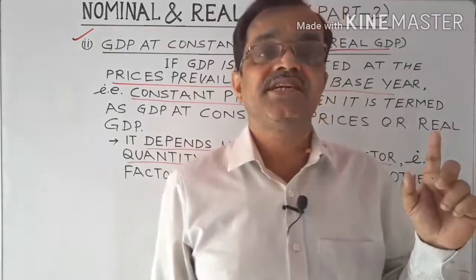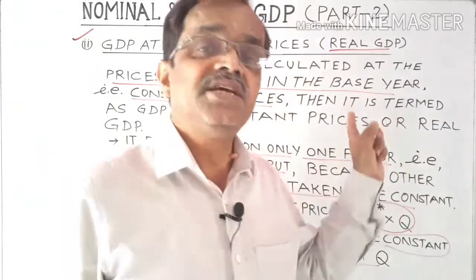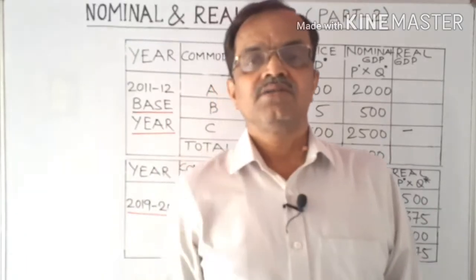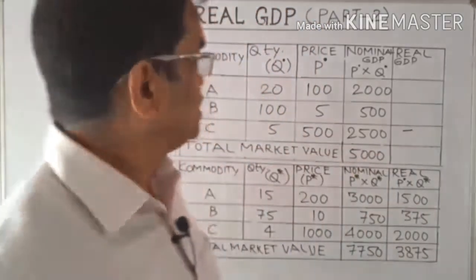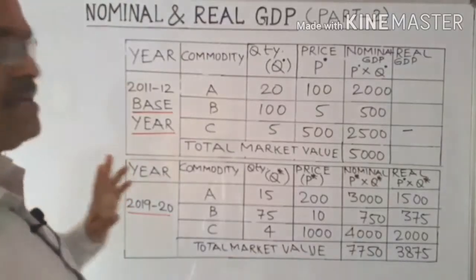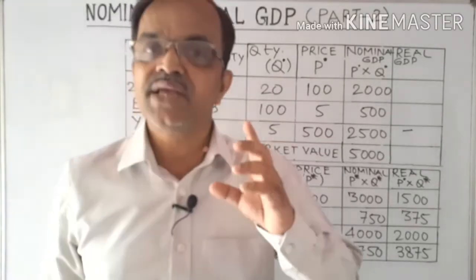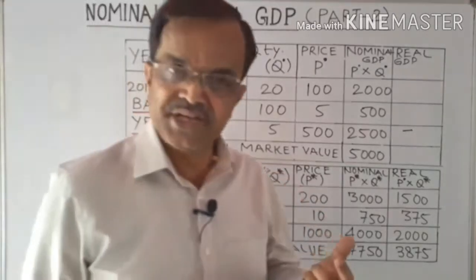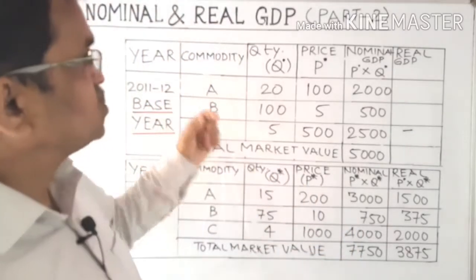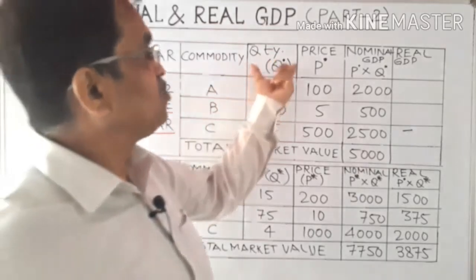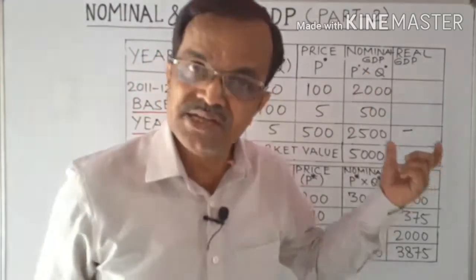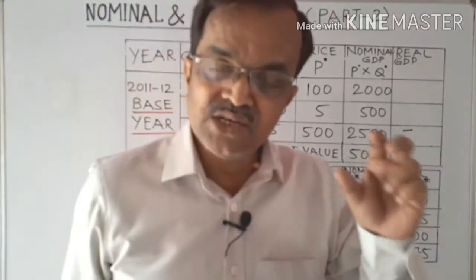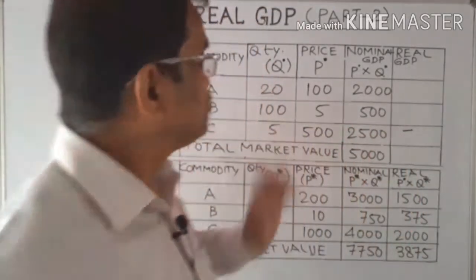It is illustrated on the board with the help of a schedule. Now look at the schedule drawn on the board. Two years have been taken: one is 2011-12 and another one is 2019-20. This schedule shows the quantity of output and price of the two years.